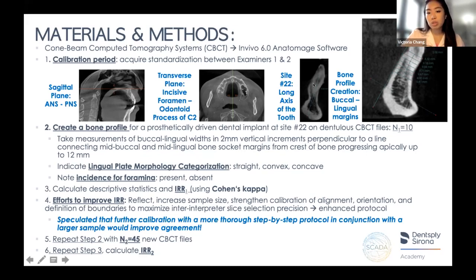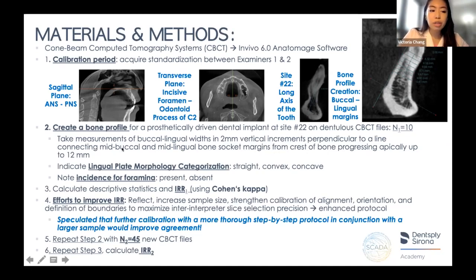And we chose to use dentulous CBCT files, as pictured in the third picture, because we wanted to accurately replicate a crown down approach and a pros-driven implant placement. So you can see here, we line up the align with the long axis of the tooth that's existing.